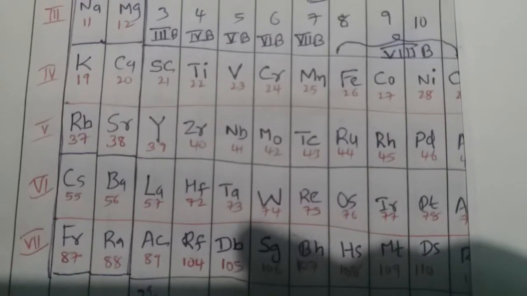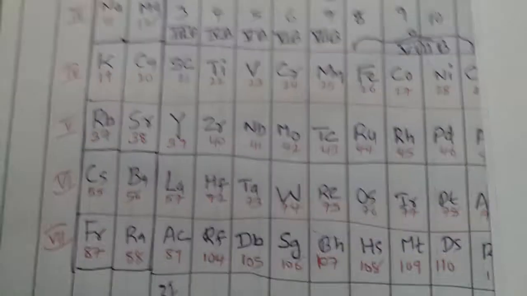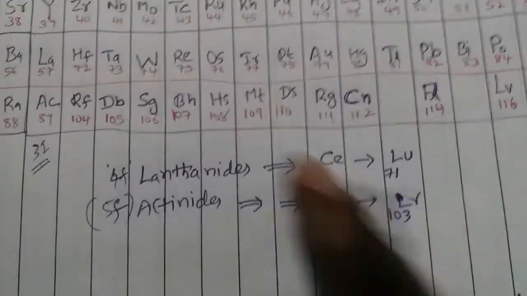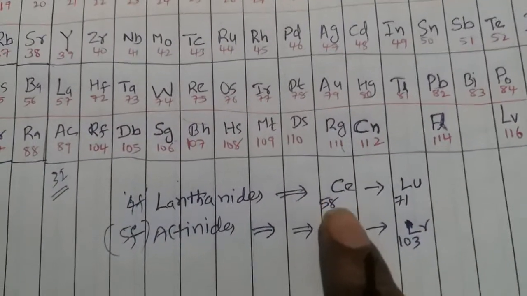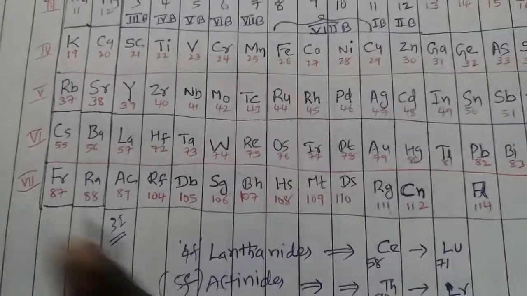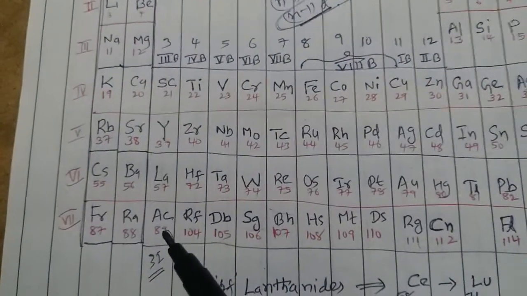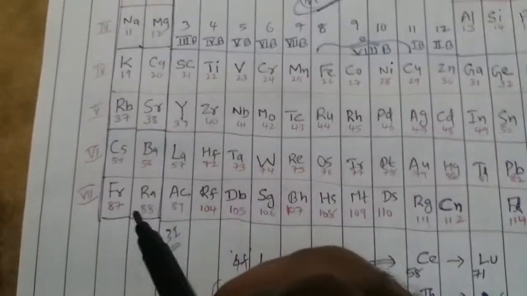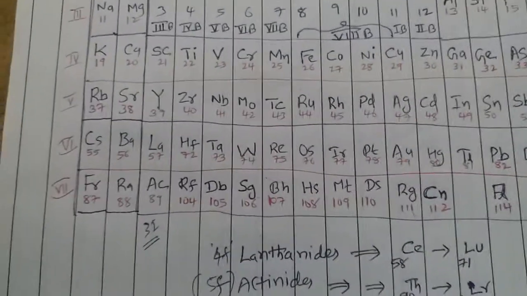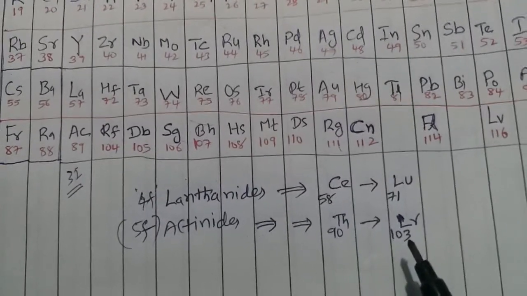In the sixth period we get 14 elements, from cerium 58 to lutetium 71, which are called lanthanides. These 14 elements are also present in the third B group only. And after actinium in the seventh period, we have thorium 90 to lawrencium 103.